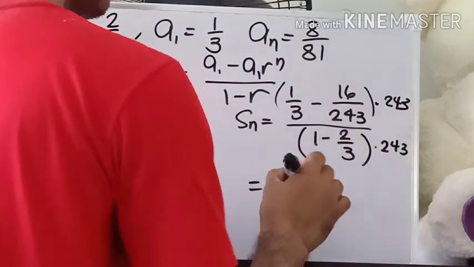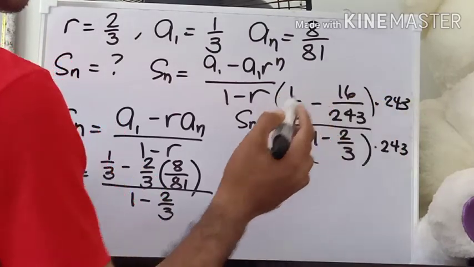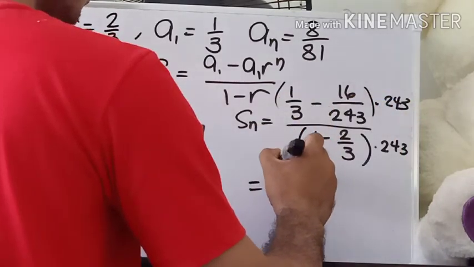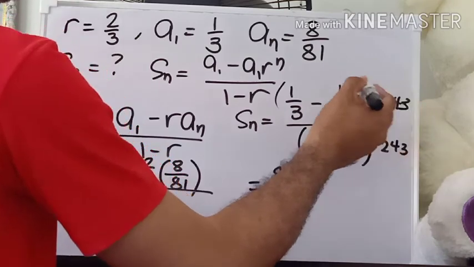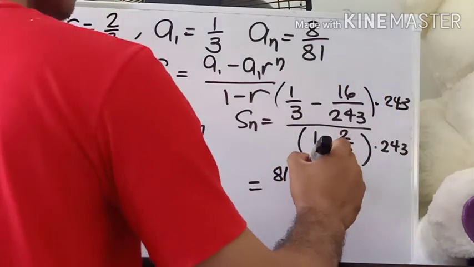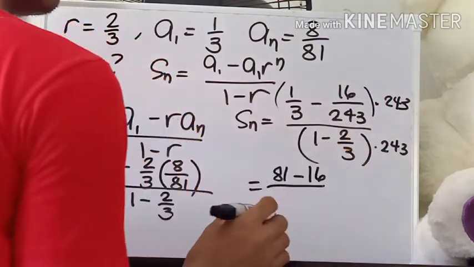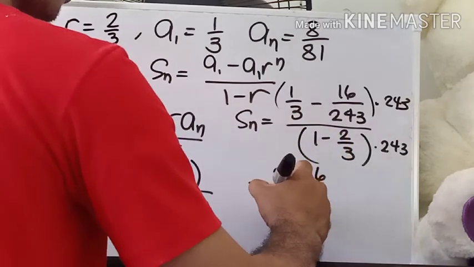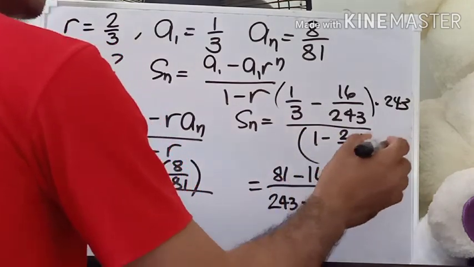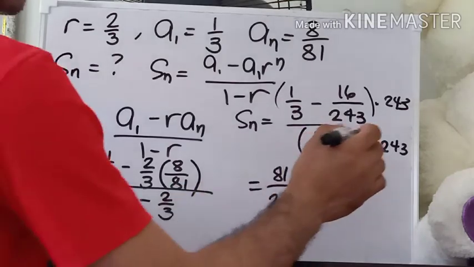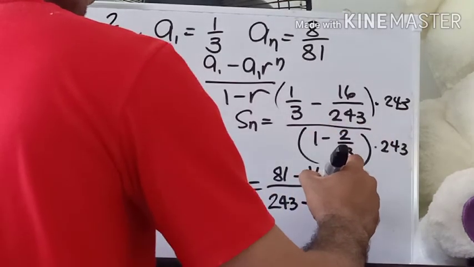So you will have 243 times 1/3 is 81, minus 243 times 16 over 243 is 16, over 243 times 1 is 243, minus 243 times 2/3 is 162.